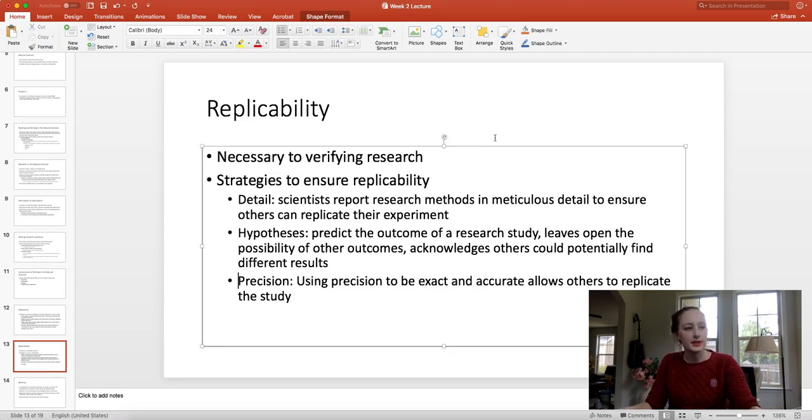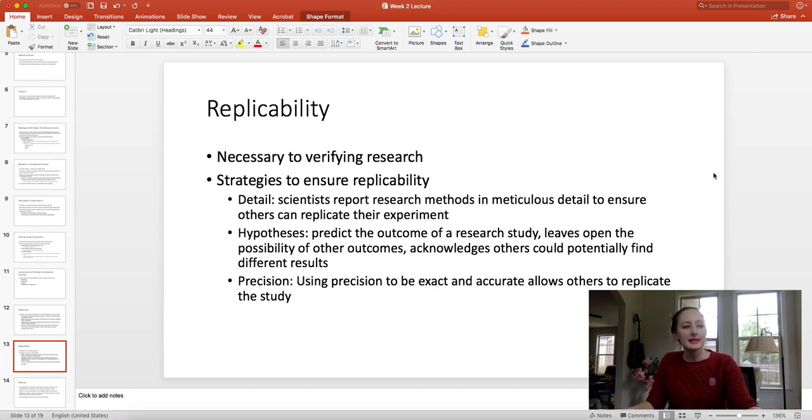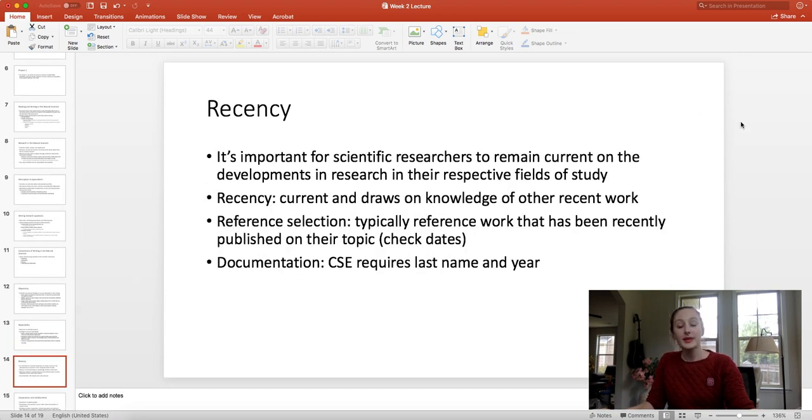And of course, precision. So being as precise as possible, you're trying to be exact, they're trying to be accurate. That allows other scientists to repeat the study. Recency. So it's important for scientific researchers to remain current on the developments in research in their respective fields of study.